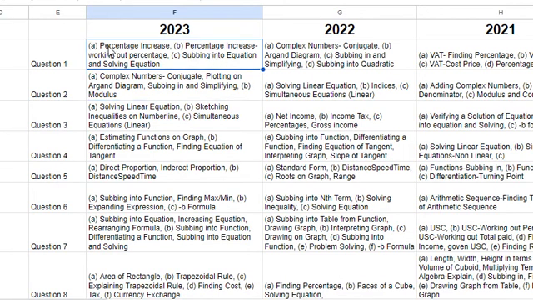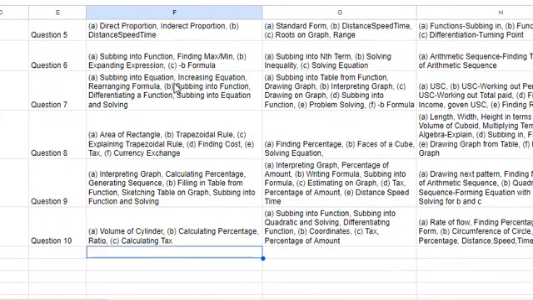If you look there, question 1 in 2023, part A was percentage increase, part B was percentage increase, so working out percentages. If you go down even further, calculating tax and calculating percentages in question 10 as well in 2023.